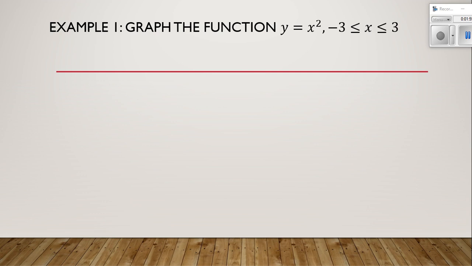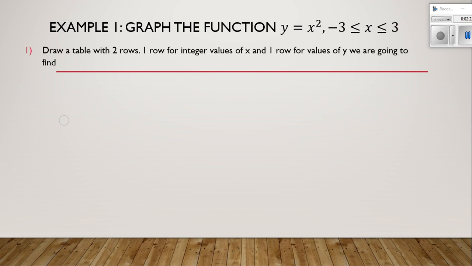I alluded to it earlier: graph the function y equals x squared between the values of negative 3 and 3 for our x. That means we're going to take on the x values of negative 3, negative 2, negative 1, 0, 1, 2, and 3. So that means 7 substitutions, 7 calculations we have to do, but it's the same calculation, just with a different number each time.